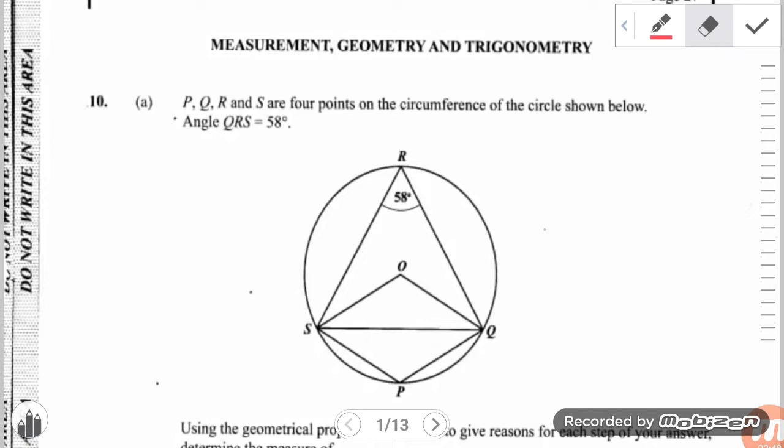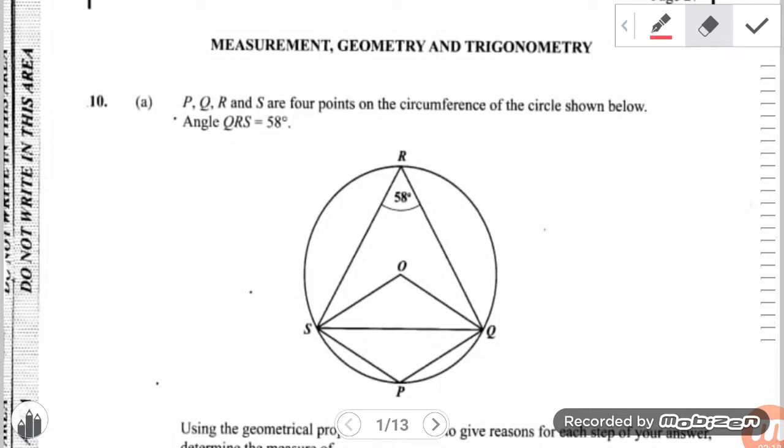The first clue that I see is in the very first sentence given to us about the diagram: P, Q, R, S are 4 points on the circumference. That sentence tells me that there is a quadrilateral inscribed inside the circle, with its 4 points lying on the circumference.